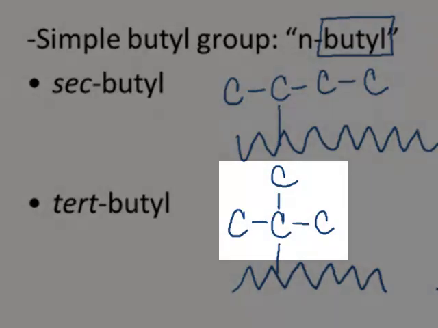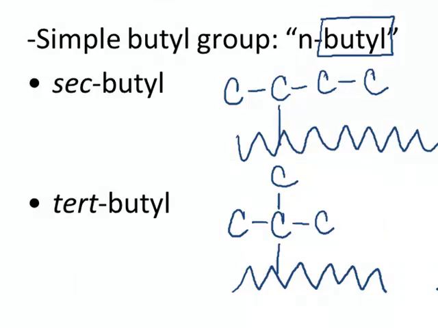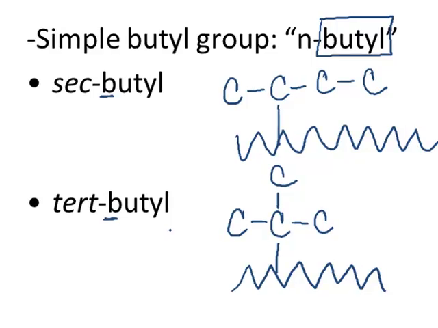One important thing about the sec-butyl and tert-butyl groups, we do not alphabetize the S or the T. Instead, we always alphabetize on the basis of B. So while the prefix iso is used for alphabetizing, the sec and the tert prefixes are not.